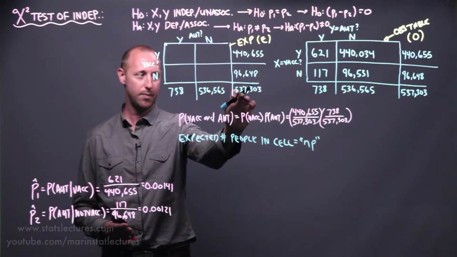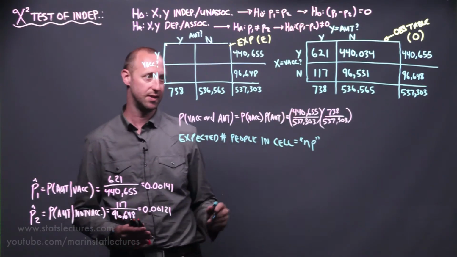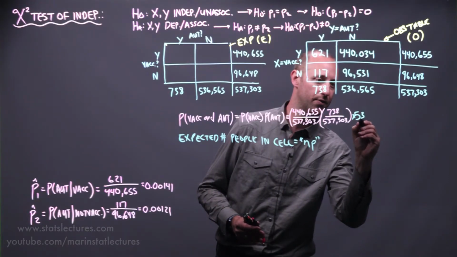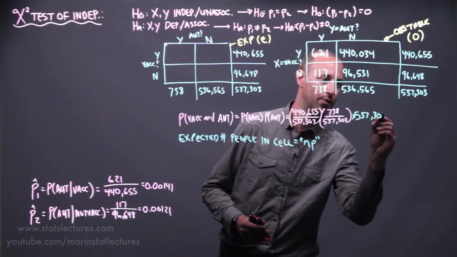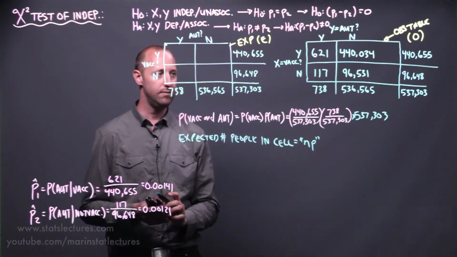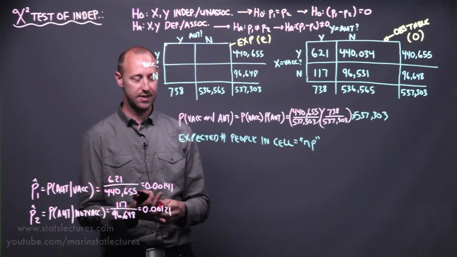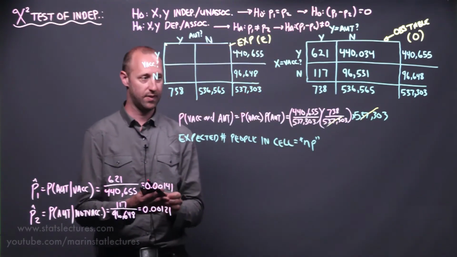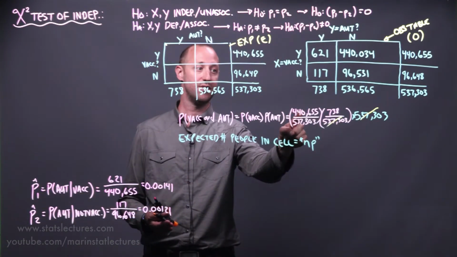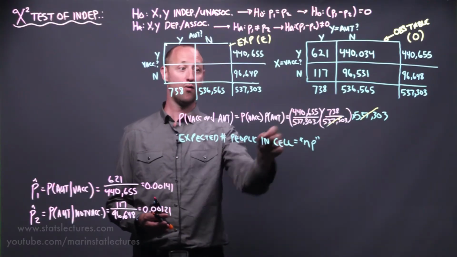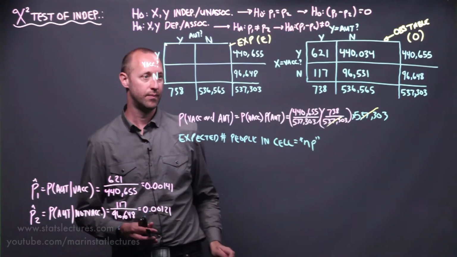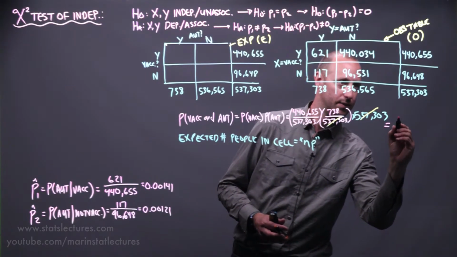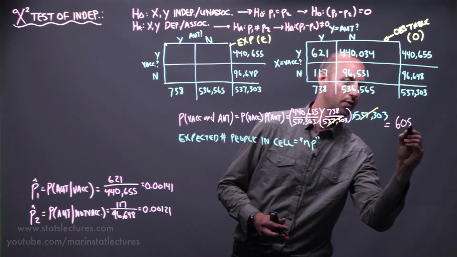So multiply it by the 537,303. Now one thing you may notice is that one of these is going to cancel out. We're going to be left with 440,655 times 738 over 537,303. Numerically, that's going to come out to be 605.25.